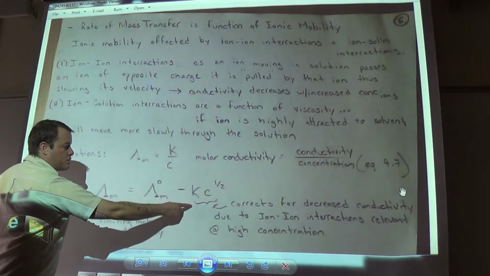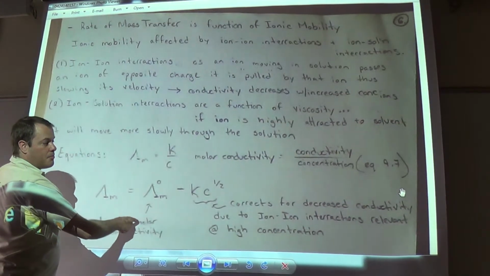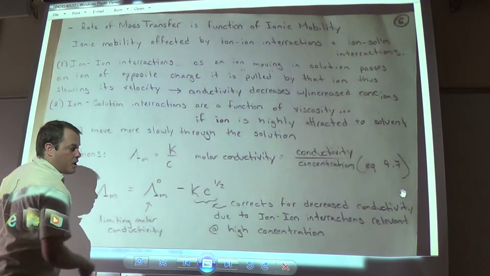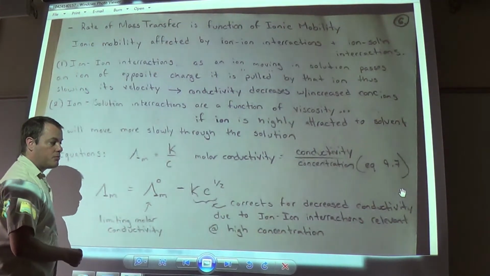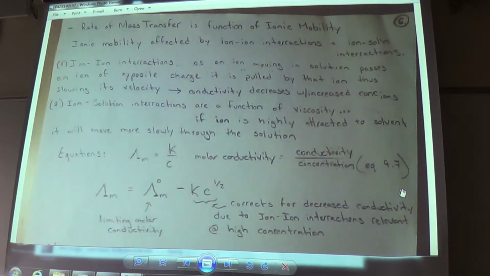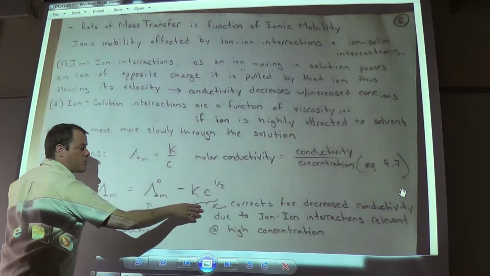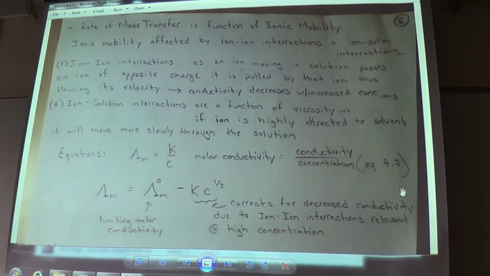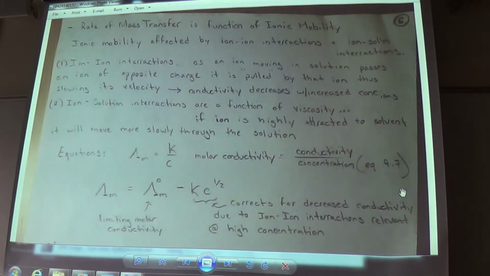The correction goes as a constant conductivity times the concentration of ions in the solution to the 1/2 power. This term is the term that corrects our conductivity for those ion-ion forces that we were talking about.